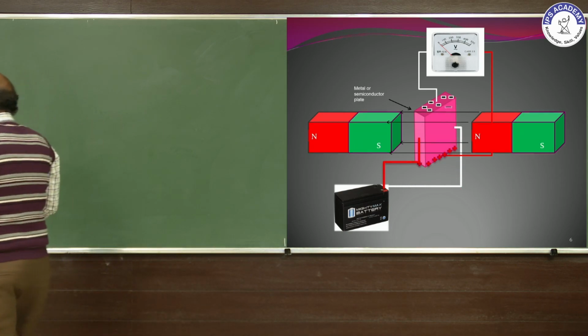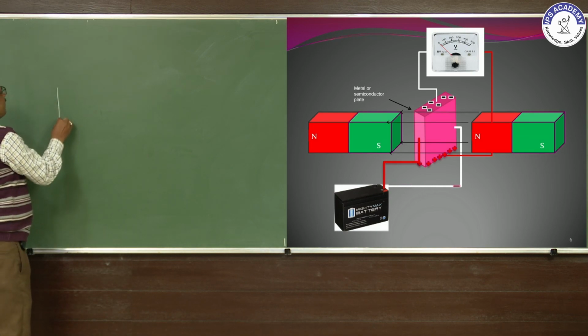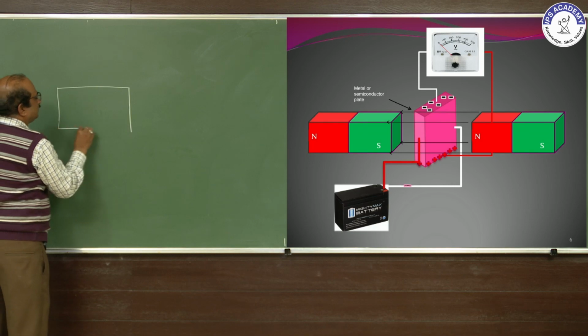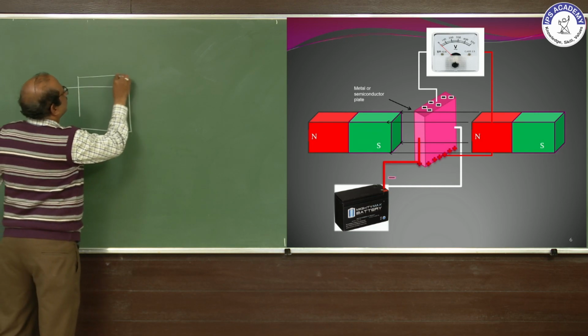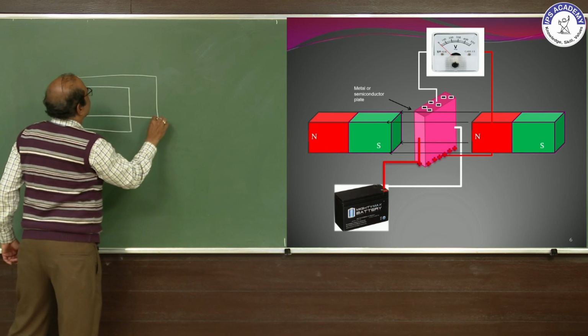So let us take a slab of semiconducting or conducting material. For example, we take N-type material.